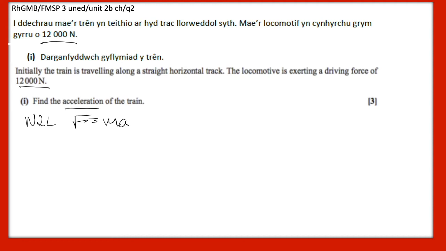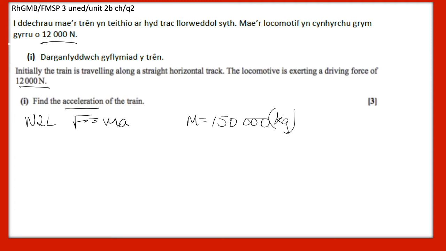You notice I said on my previous page that I didn't really need the g in there because that would be the weight, and if I had a resistance coming into these sorts of questions, then that would be something to consider. But in this particular case, my mass is 150,000 kilograms. Don't need to write the kilograms in, but never mind.